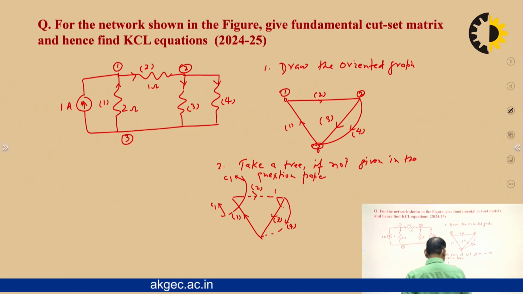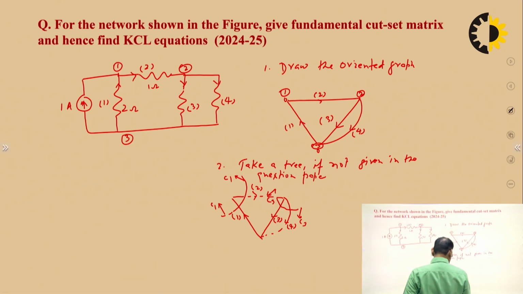So this is another cut set, this is your C3, involving branches 2, 3, 4, with 3 the twig and the remaining 2, 4 the links. So in the fundamental cut set, we have to select 1 twig and the remaining links.